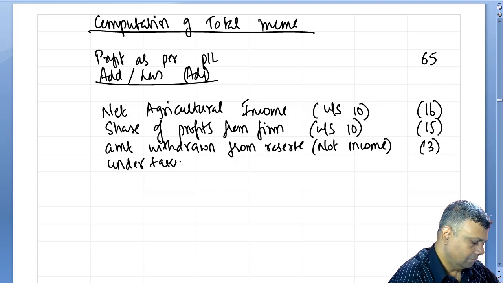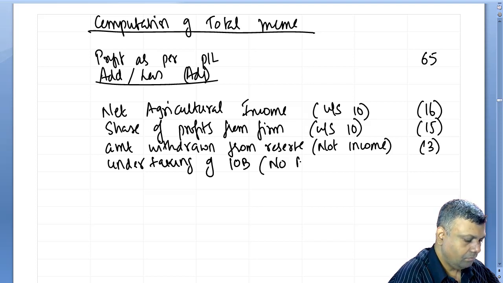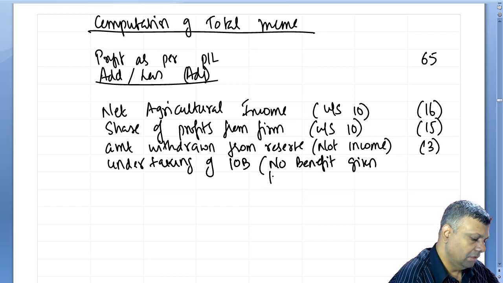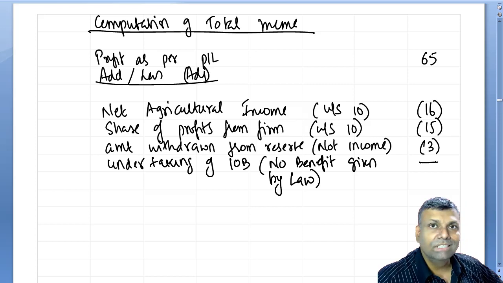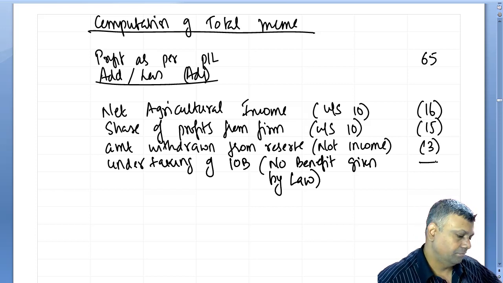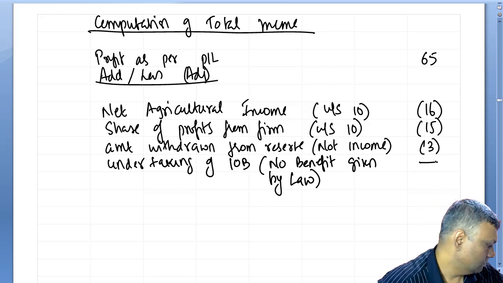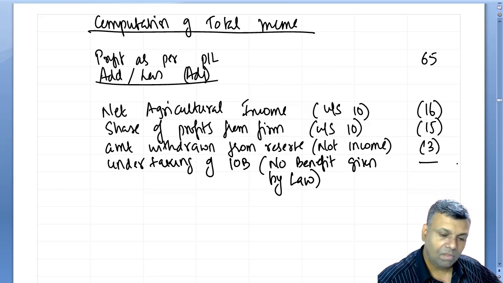Undertaking of 10B. No benefit is given by the law. So no adjustment, because it is already included in 65 lakhs. Then I'll have to leave some spacing, quite a good space. Somewhere at the bottom I will say, okay, so this is my gross total income.